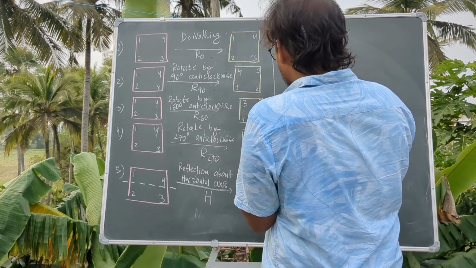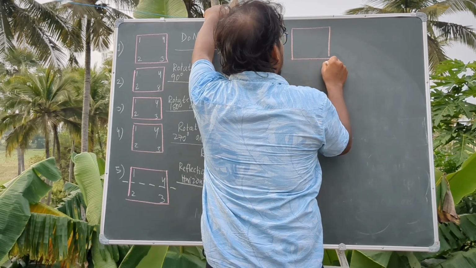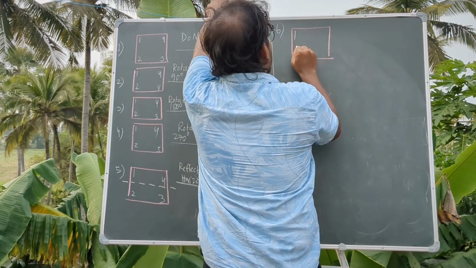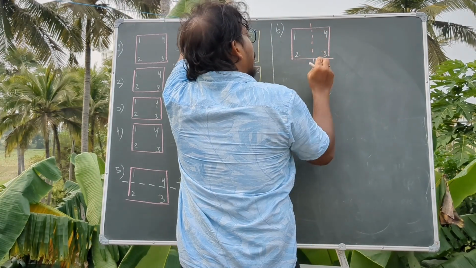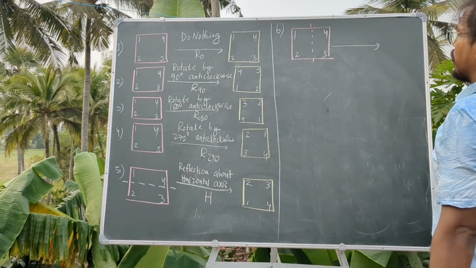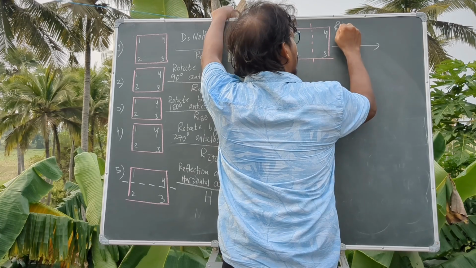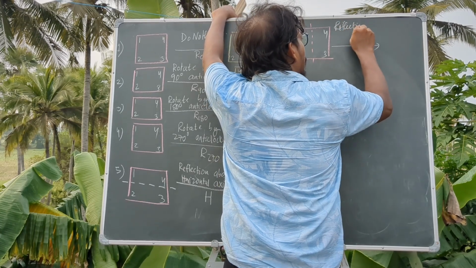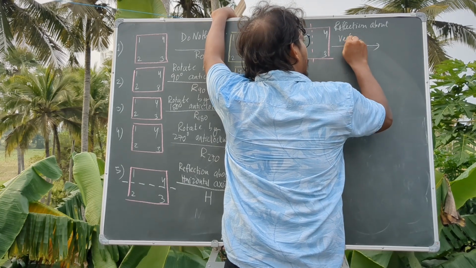Next we have, this is our original square, and reflection about the vertical axis. Vertical axis means perpendicular to the ground, and this is a reflection about the vertical axis.